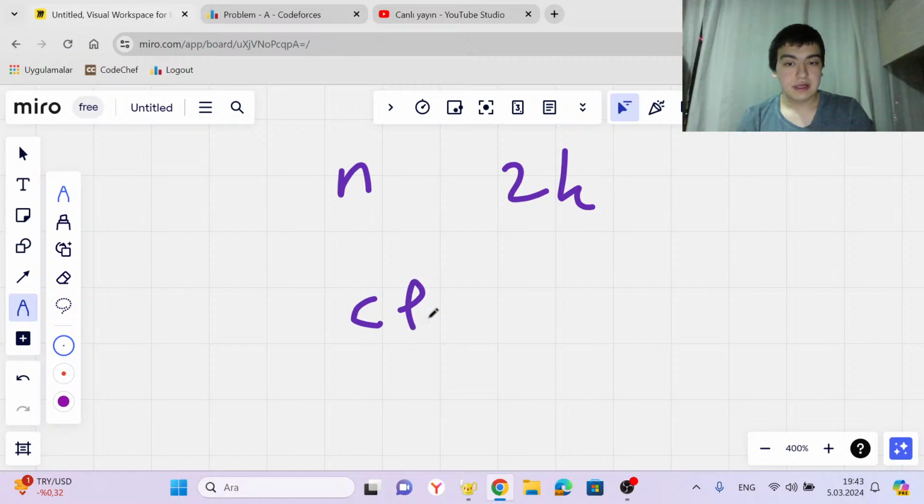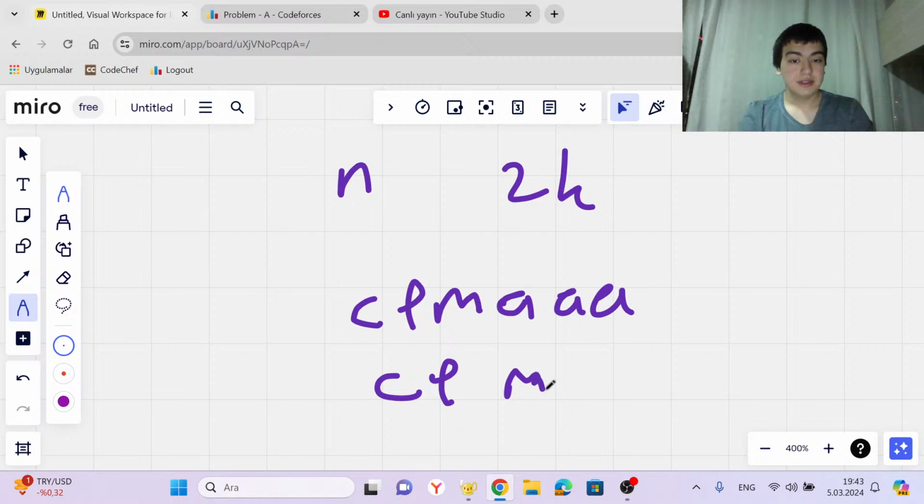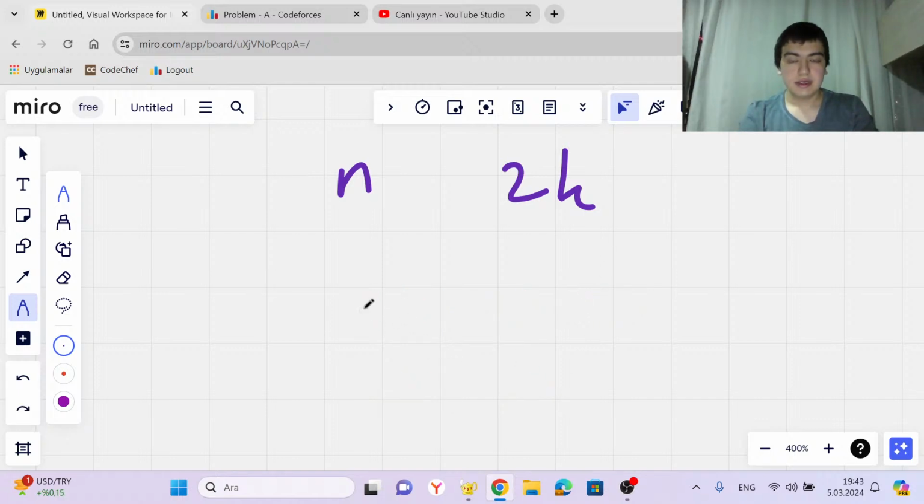If we have a string like CPM, then CPMA is lexicographically larger than CPM. So the smaller string is better than a bigger string. But there's a case like this.